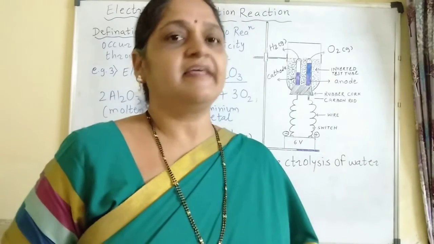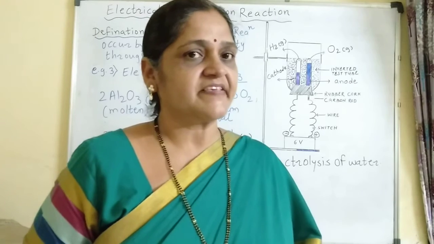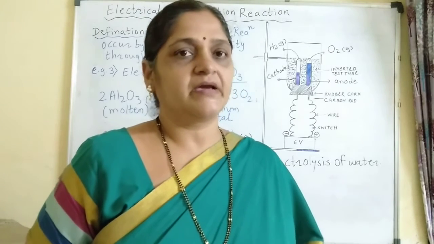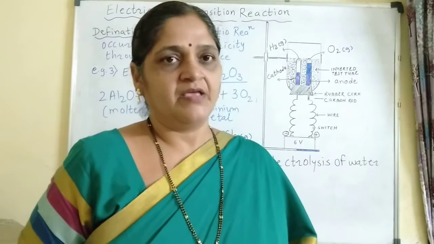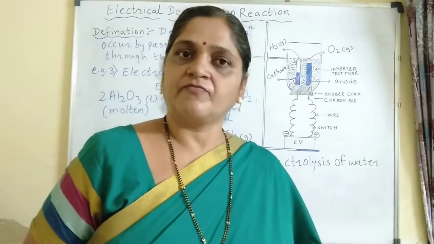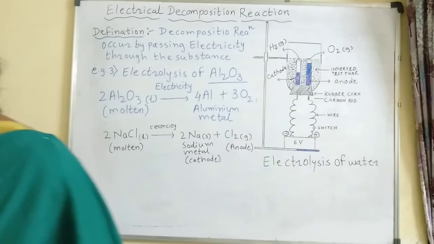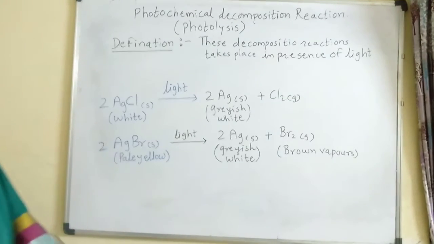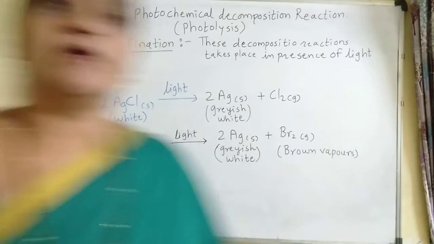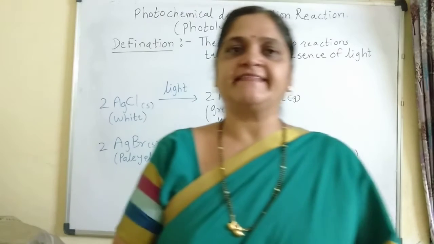Now we will see the next type of reaction, that is photolysis or photochemical decomposition reaction. So let us see what is the meaning of photochemical decomposition. Now students, we will take one example.